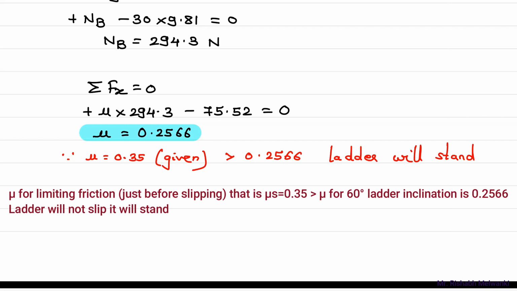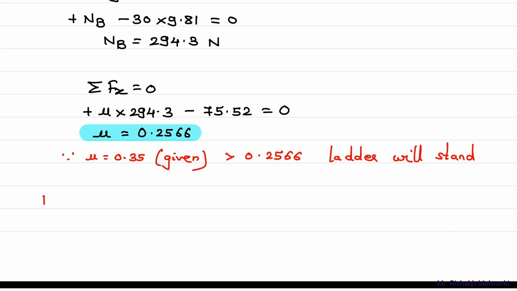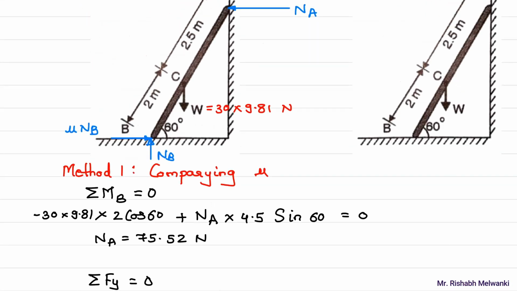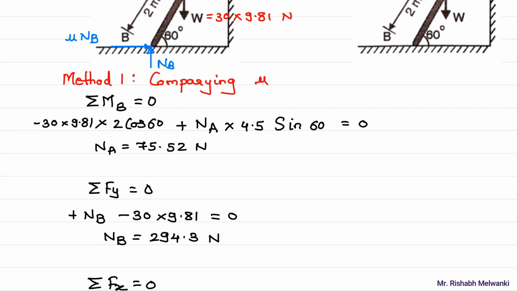Now one more method I will solve. Method 2: comparing F and F max. So what is F? Friction force. It will be equal to mu into Nb.